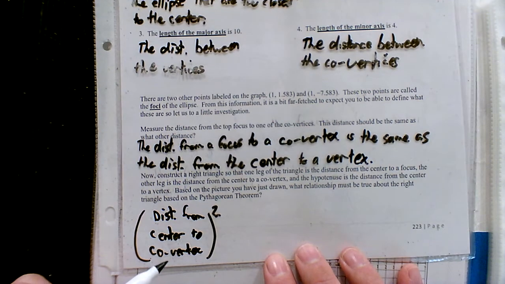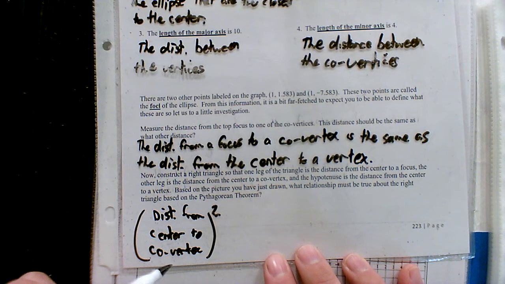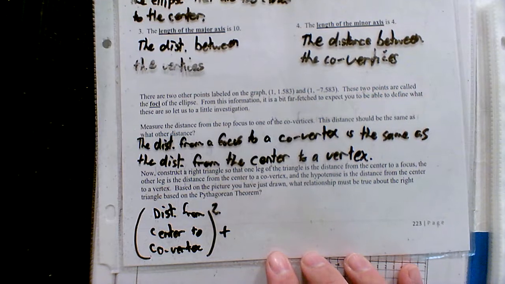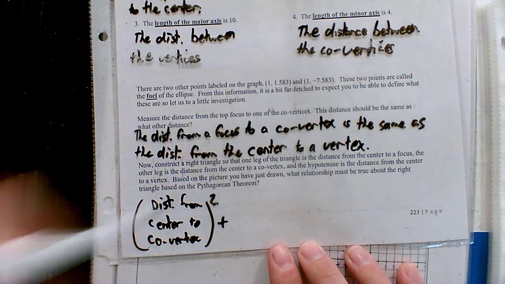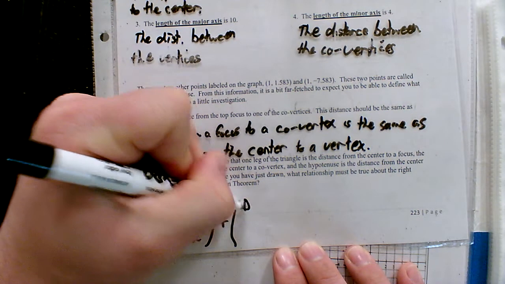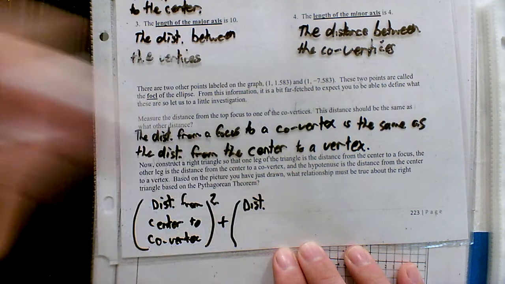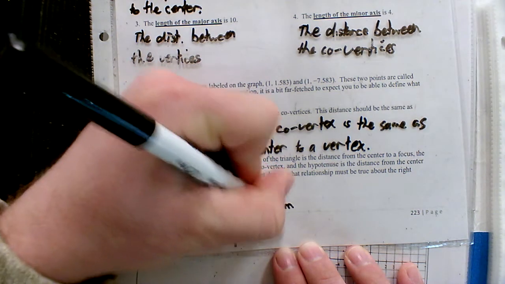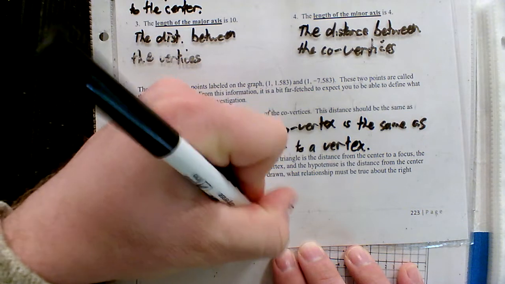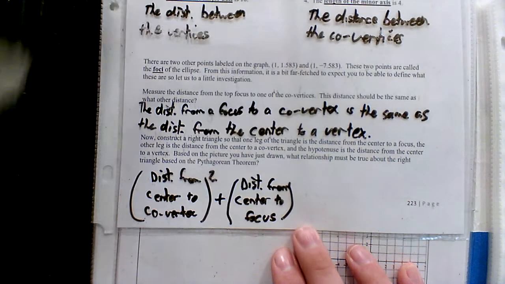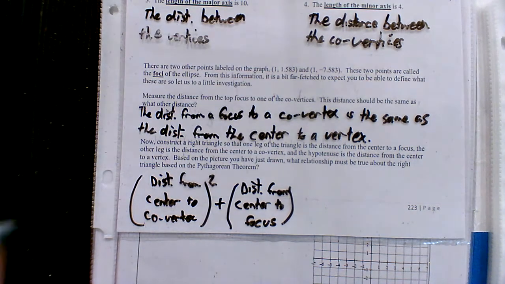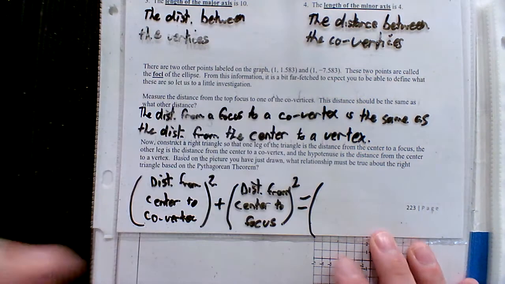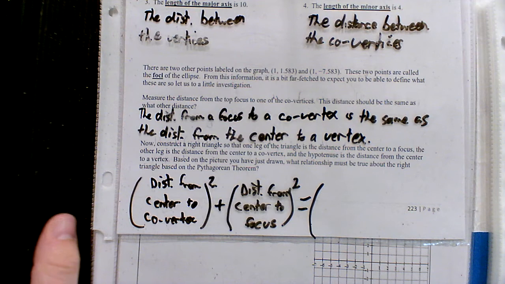So we're thinking about the Pythagorean theorem. Distance from center to co-vertex, that's one of our sides, one of our legs, plus distance from center to focus, and this is squared. That would be equal to what distance? That's what I'm trying to get at.